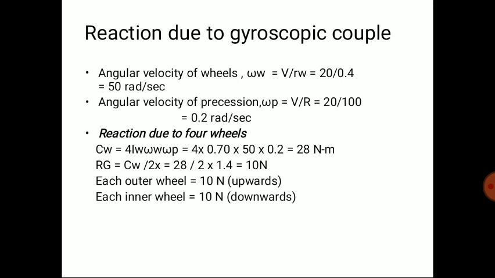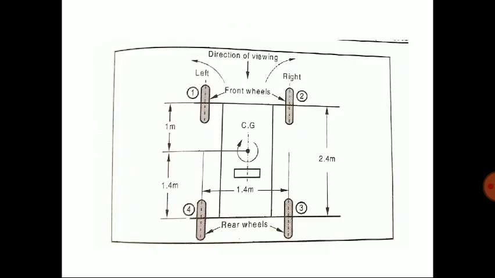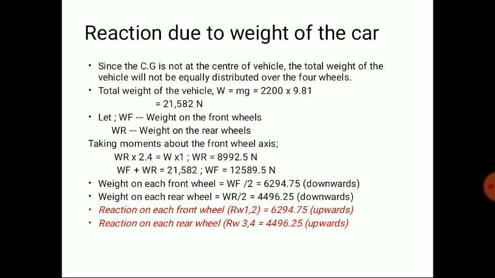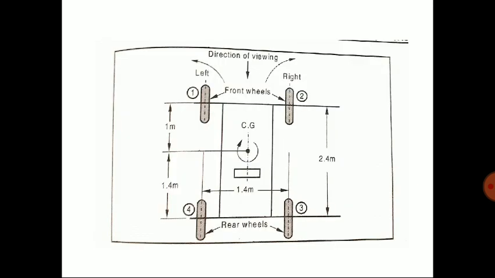So when we are finding the RG, means the reaction due to gyroscopic couple, we are dividing CW by X. X means the distance. You can see here CW by X. X means what is the value? 1.4. Means the CW will act along the axis of the wheel.